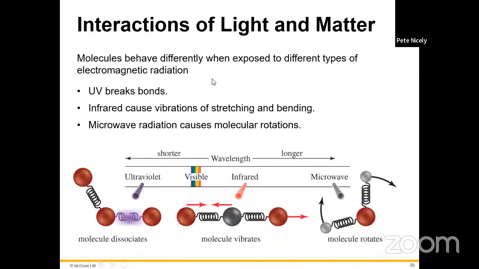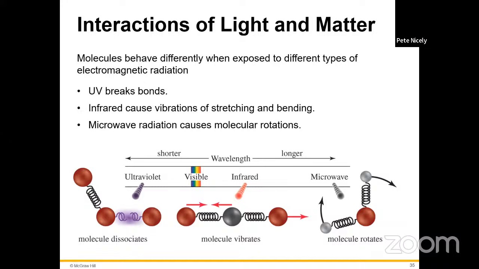So basically, the different forms of radiation can have different effects on molecular bonds. Now, as far as UV radiation is concerned, it is energetic enough to actually break bonds, right? You can actually have the breaking of bonds between 2 atoms that were previously linked to each other.